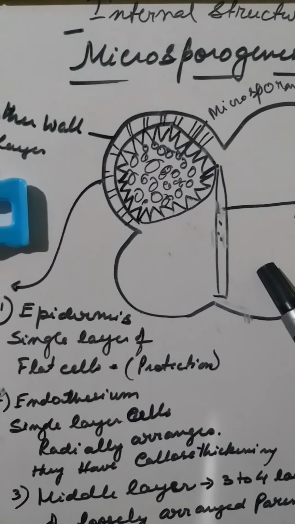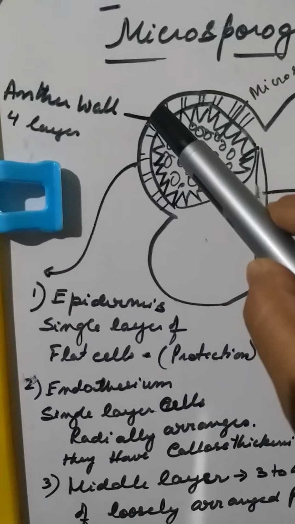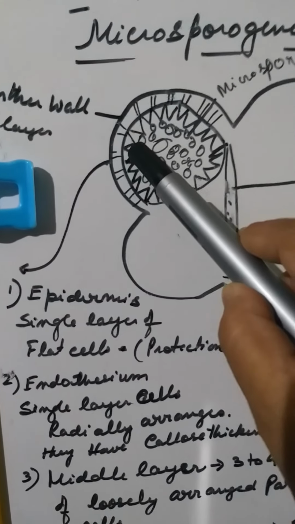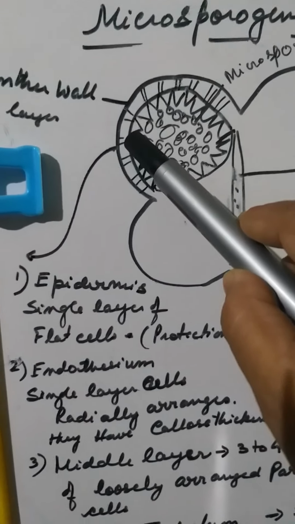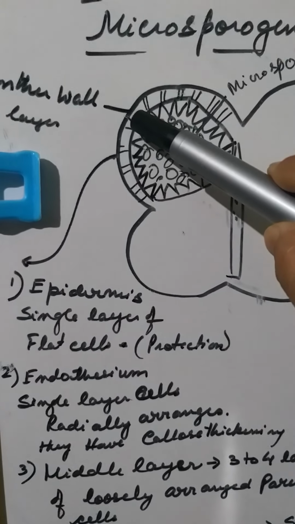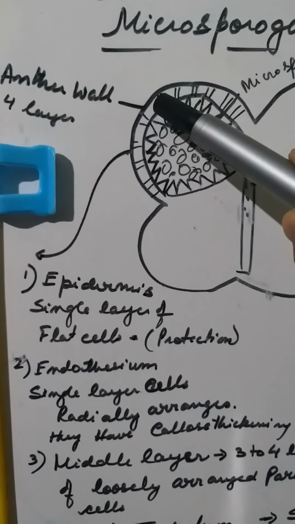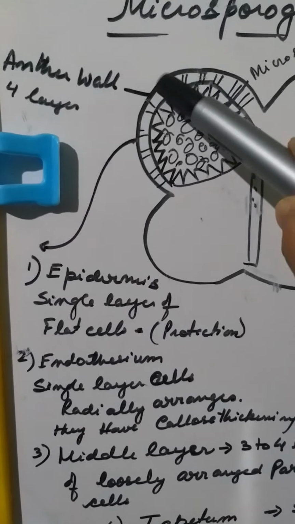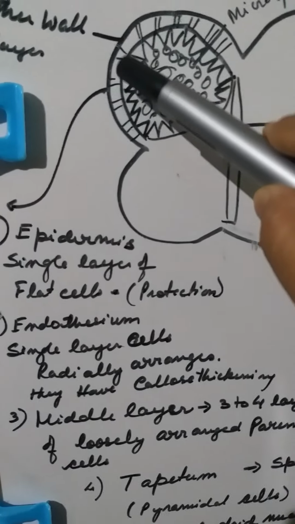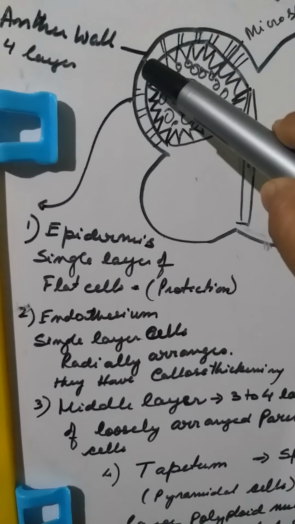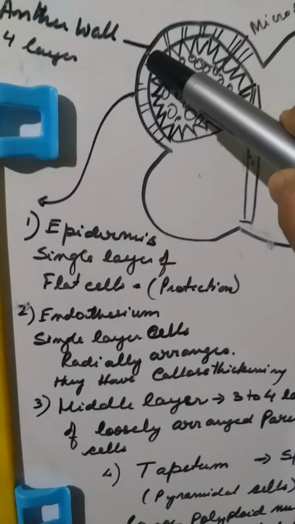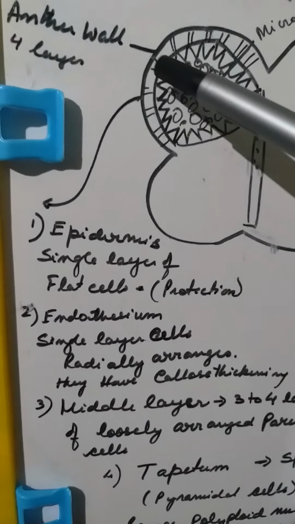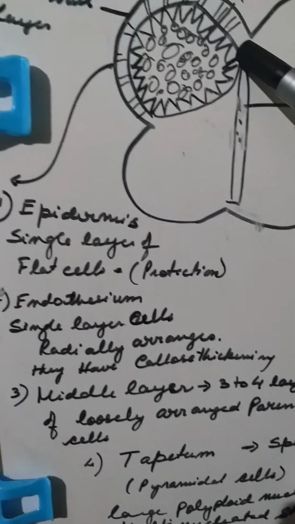Now, after the epidermis layer, the inner layer is known as the endothecium layer. It is not possible to draw the structure wholly, but you can have an idea. You see, these are vertical parallel lines I have drawn, which depicts the endothecium layer, where a single layer of cells is there, but these cells are radially arranged.